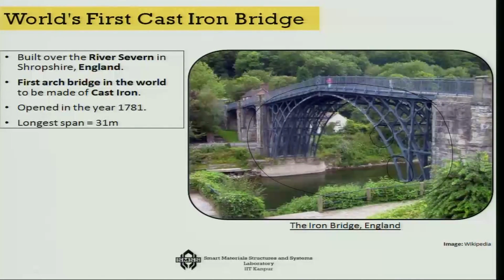So, the design is done in such a manner that it will be predominantly compressive in nature, and that is the beauty of the arch bridge system. In 1781 it was first developed, and you may say this was the first use of iron from general applications like columns or chariots etc., to a large infrastructure system, for example, the bridge system.